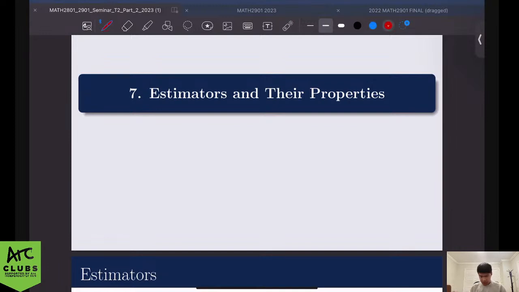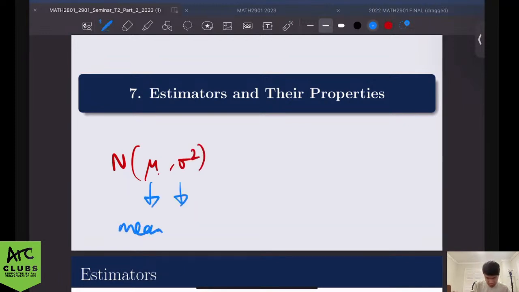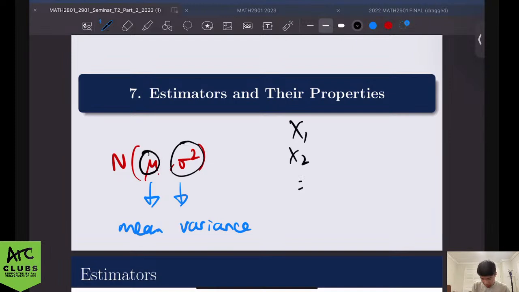We've talked about distributions with parameters. So for example, the normal distribution has two parameters, the mean and the variance. The whole point of an estimator is essentially what it says, to estimate one of these parameters. And what an estimator does is it maps from a bunch of realizations of the random variable. We've seen this kind of stuff before, right?